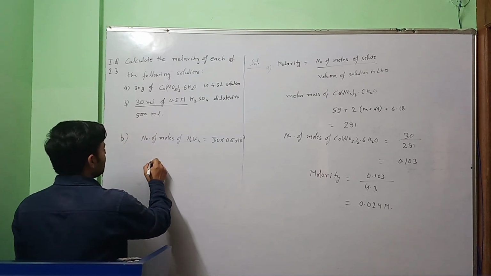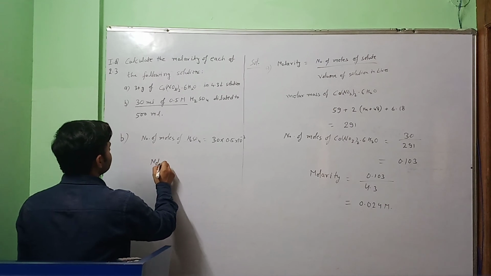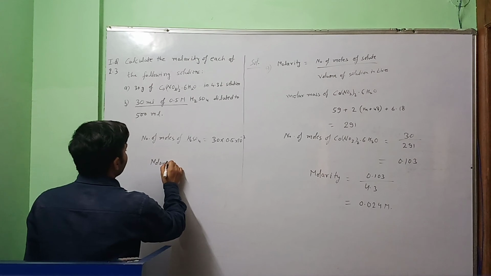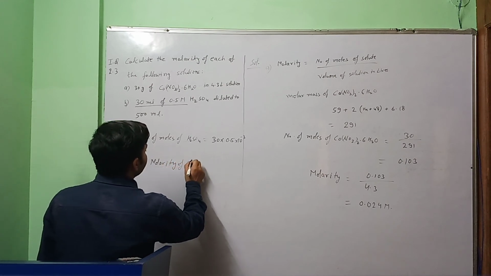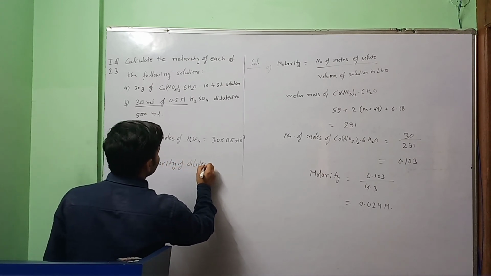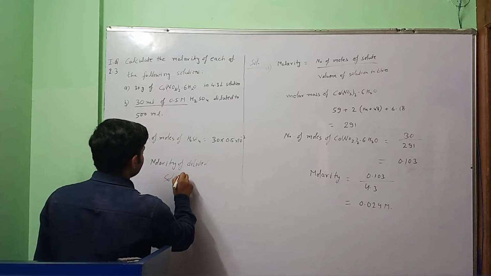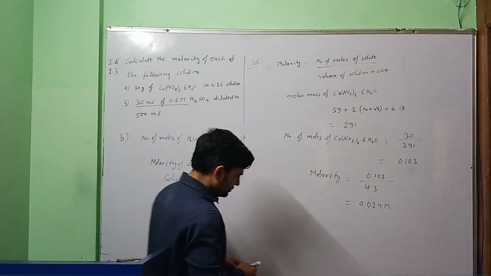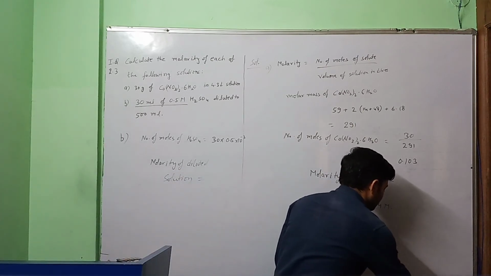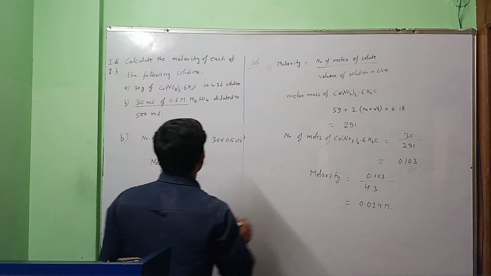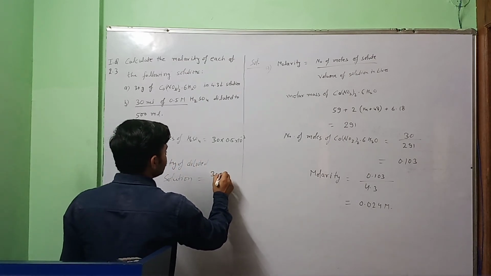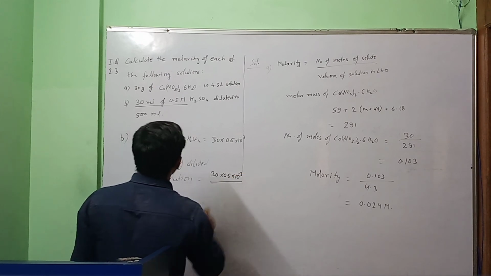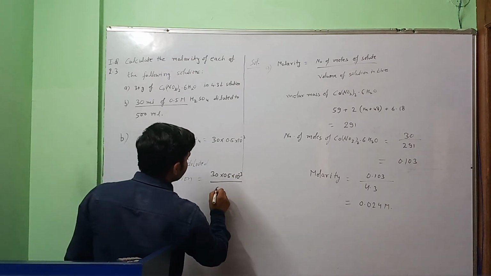So now the molarity of the diluted solution is equal to the number of moles, which is 30 into 0.5 into 10 to the power minus 3, upon the volume, which is 500 ml.